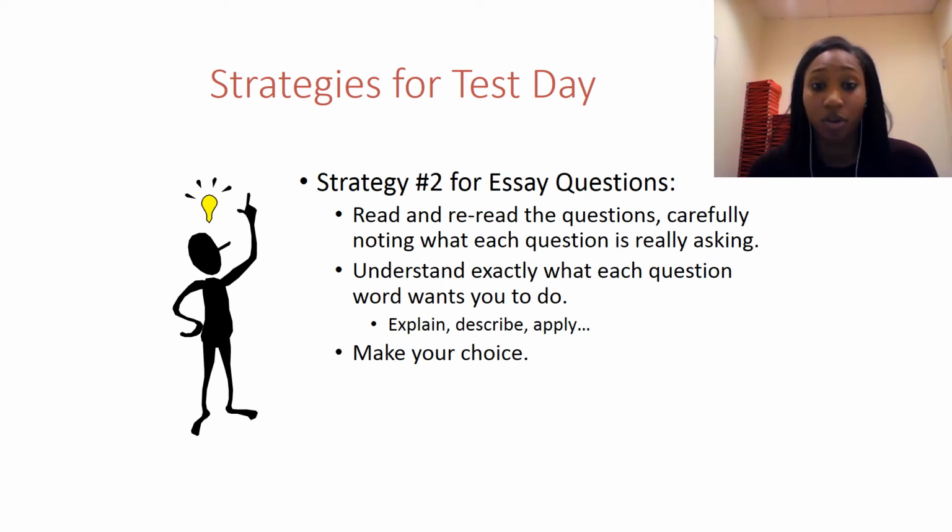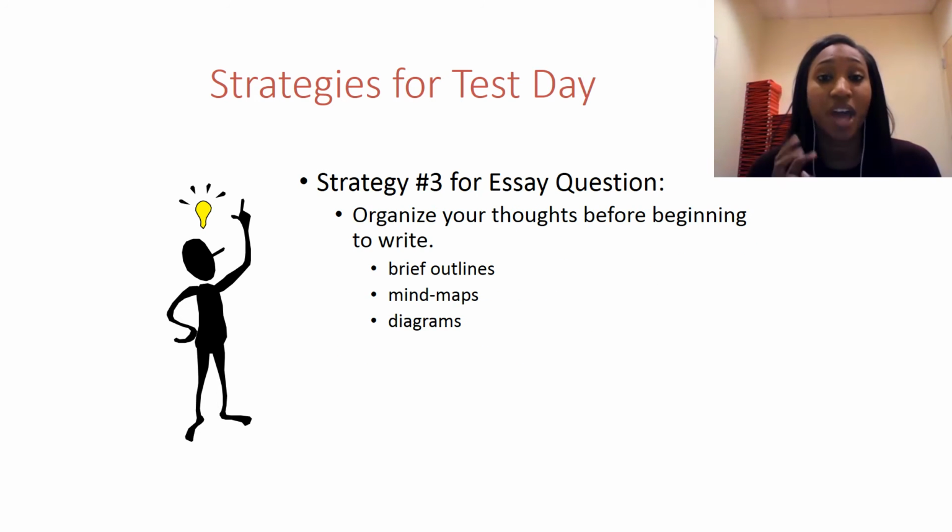Make your choice before answering the essay question. Don't be trying to piece things together while you're actually writing your answer. Strategy 3: organize your thoughts before beginning to write. Use brief outlines, mind maps, or different types of graphic organizers, and create a diagraph.